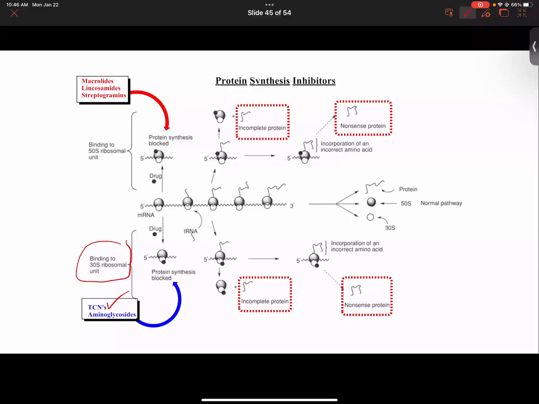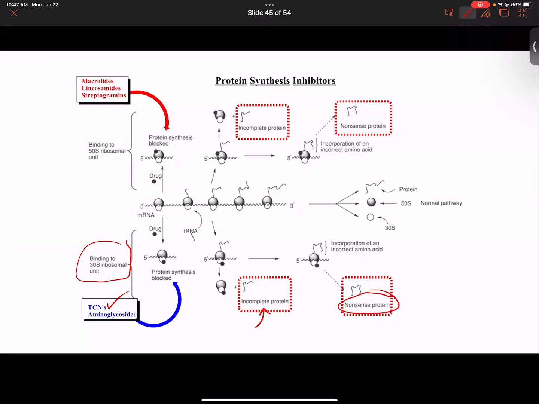It's going to make a protein that has the ability to go out and then interact with the cell membrane and maybe poke holes in it or do damage to it. And that induces then a bactericidal effect in susceptible organisms. A nonsense protein or an incomplete protein, that's what we get when we have tetracyclines and aminoglycosides on board.